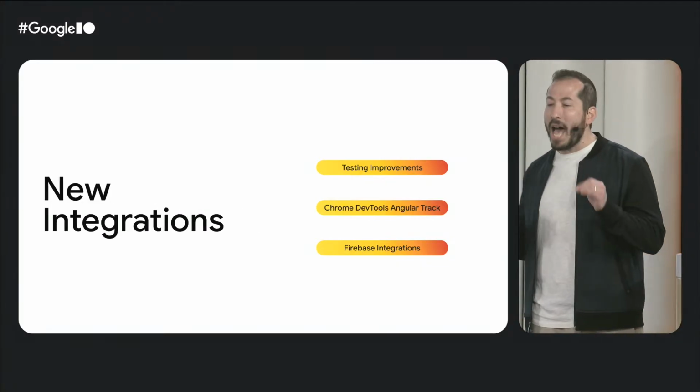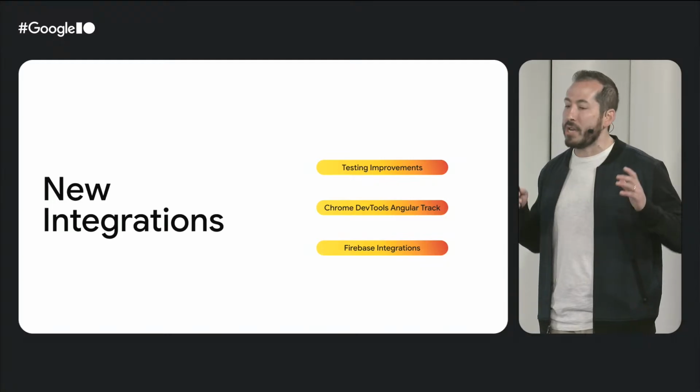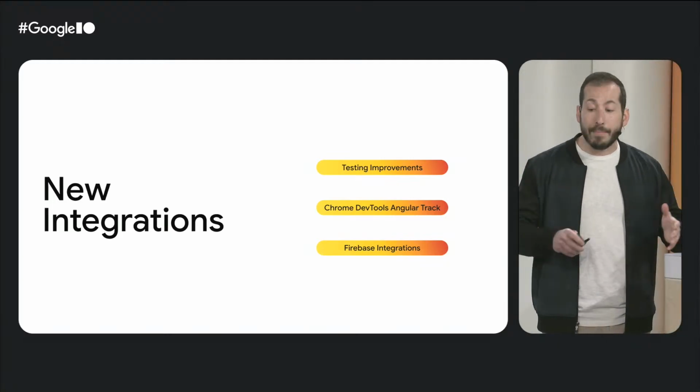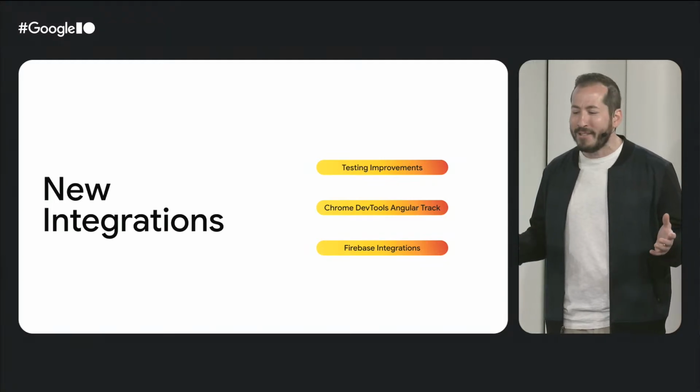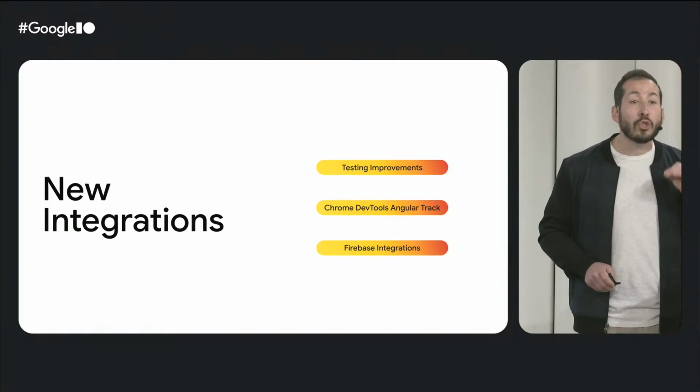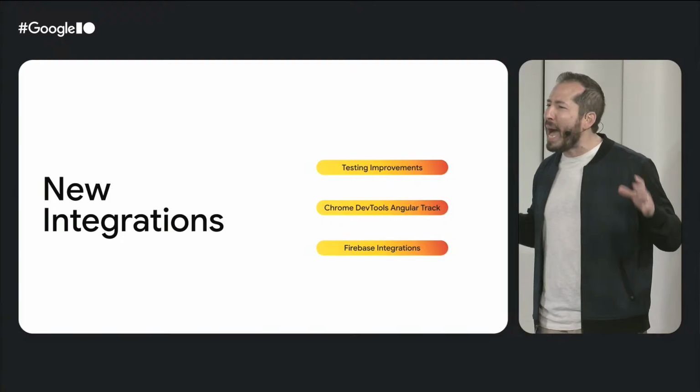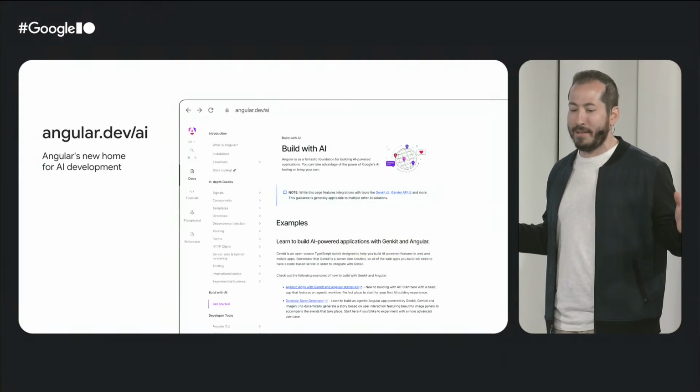Mark shared a lot of exciting new integration updates, including testing improvements, a custom Angular track in the Chrome Performance panel, and new ways to supercharge your apps with the power of Firebase.